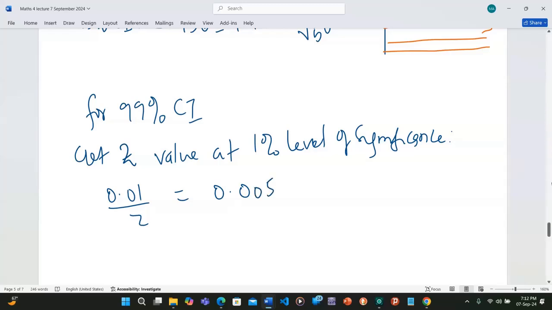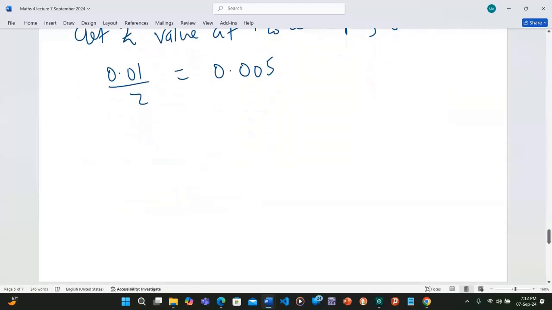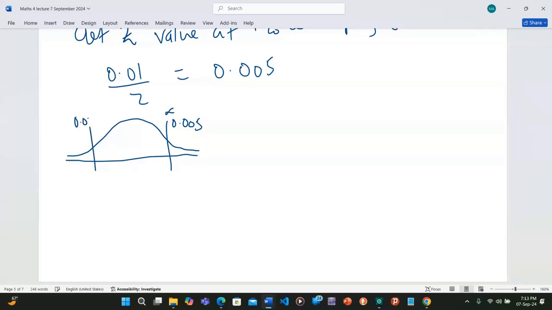So if I draw my normal distribution curve, I'm going to look for the value that corresponds to 0.005 here, that is the alpha, and here 0.005. So what is in here is going to be the 99% confidence interval.